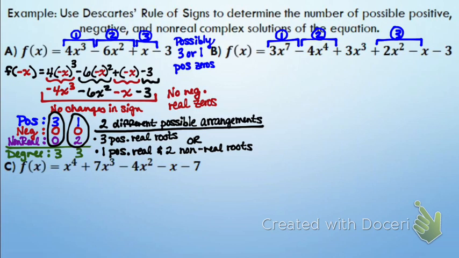So there is possibly three or 1 positive real zeros. When you count your sign changes, that's the maximum, and then you always have to subtract 2 until you can't subtract 2 anymore because it would give you a negative. So 3 or 1.